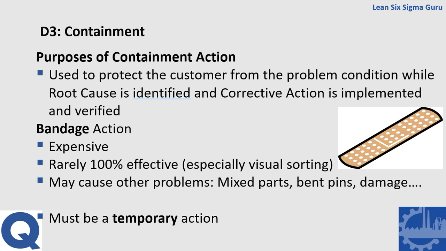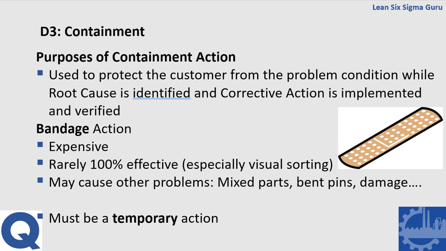Sometimes we call these things bandage actions. They are typically things like visual inspection, re-inspection, sorting. These things are expensive. They are rarely 100% effective. I've done studies on visual inspection, and you would be shocked at how shockingly ineffective it is. The common terms are 80 or 85% effective.